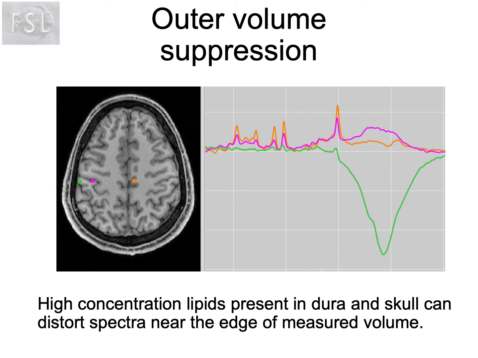The second common artifact is that of lipid infiltration, arising from lipids in tissues surrounding the brain. Here we see 3 spectra acquired from 3 points in an MRSI scan. A normal spectrum is seen from the central region, but at the edge of the brain, the green spectrum, partial voluming with tissue outside the brain leads to a large distorting lipid resonance. However, even worse, at an intermediate point, towards the edge of the brain, but still clearly within the brain, some distortion is still present as a large lipid signal bleeds into nearby voxels.